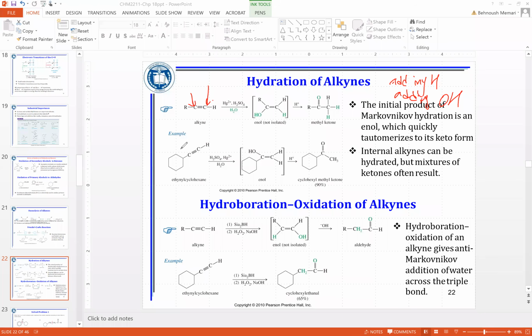If you want to get the Markovnikov product, which carbon should take the hydrogen? Because we say hydration, and in hydration, we are adding H and adding OH. My question is, which carbon will take the hydrogen? Carbon 1 or carbon 2?